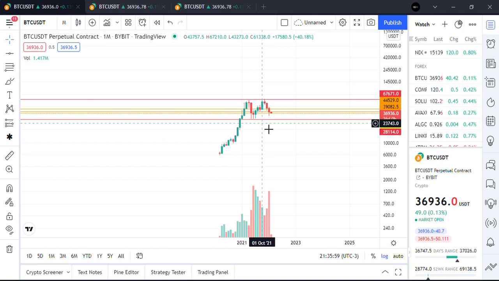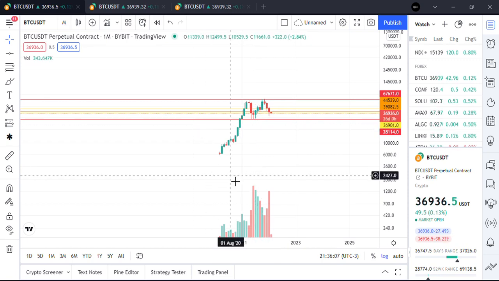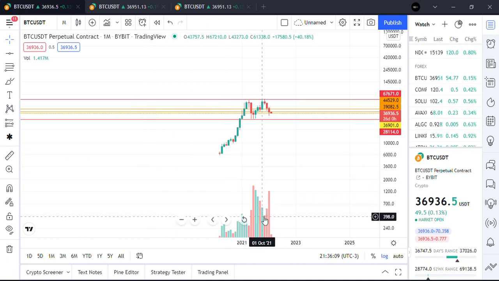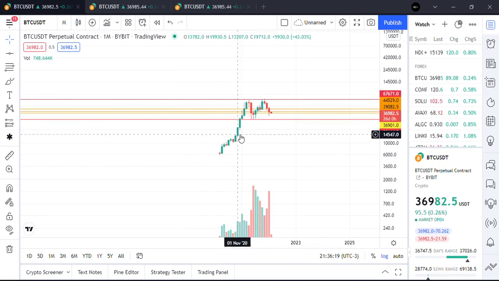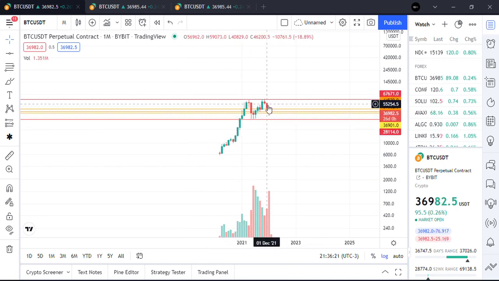So how do we draw a trend line? To draw a trend line we have to be very careful. We have to connect two or three highs or lows. When I ask you what higher highs are and what lower lows are, these are higher highs and these are lower lows.